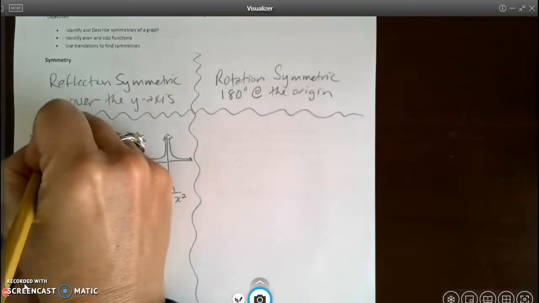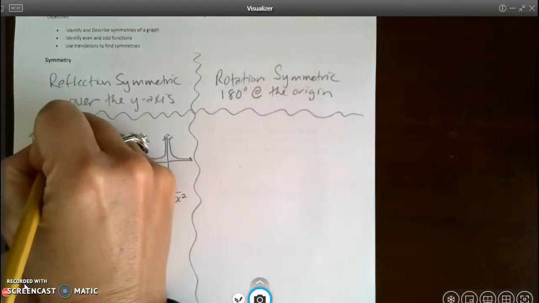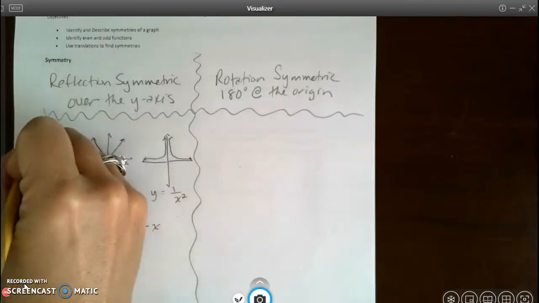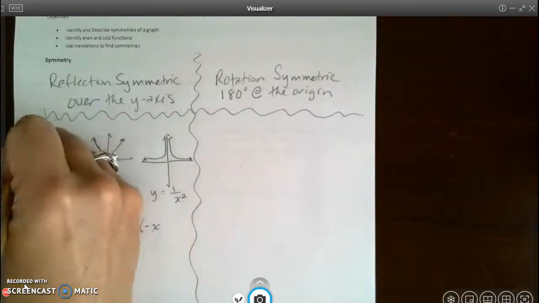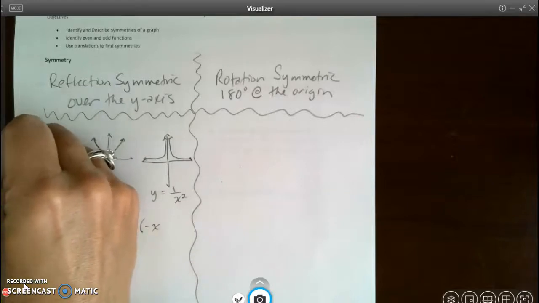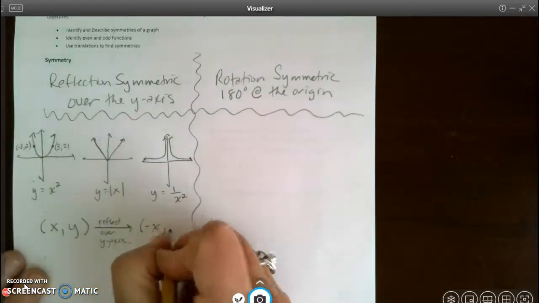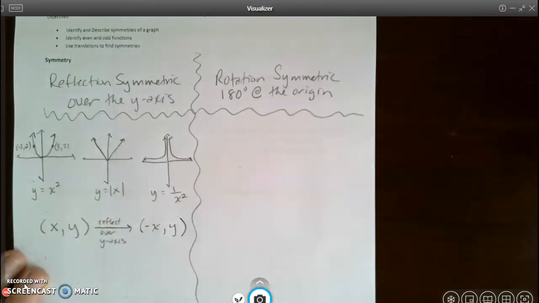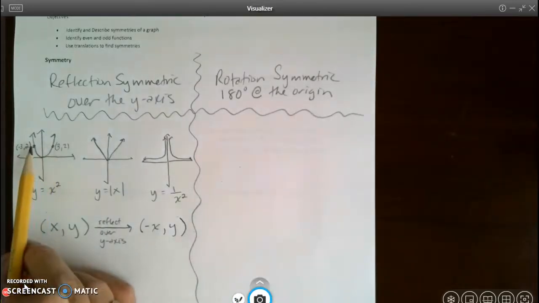So if this was the ordered pair, let's say 3, 2, if I reflect it over here, it's going to be the ordered pair -3, 2. So it becomes negative x, but notice that the y coordinate didn't change. 3, 2, when it reflects, is -3, 2.